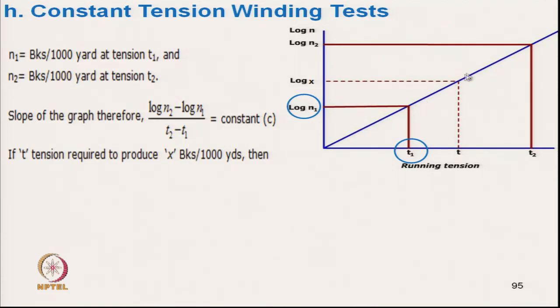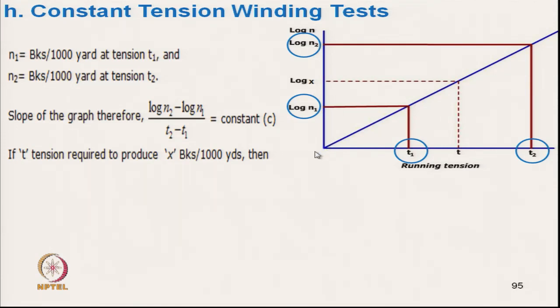There is a straight line relationship between the tension and the logarithm of the number of breaks per 1000 yard. So, for tension T1 there is a breakage rate of N1. Similarly, for tension T2 the breakage rate is N2 breaks per 1000 yard. So, this is the plot of T2 tension and log N2.